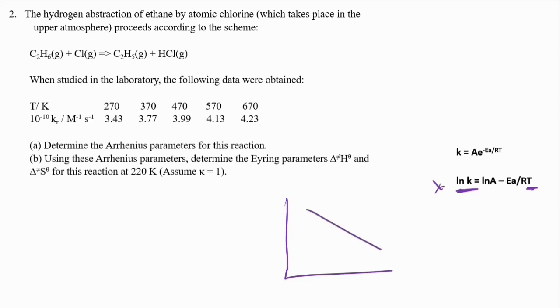The slope should be equal to minus EA over R. The intercept should be the natural log of A. A is the pre-exponential or frequency factor. That's what this is telling us to do.